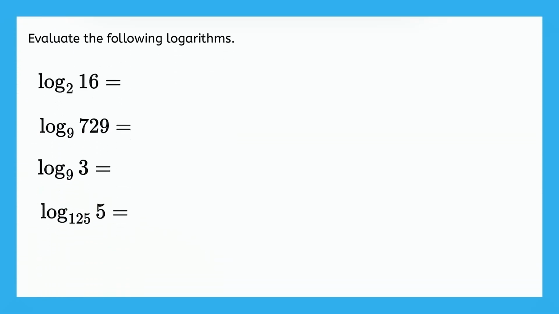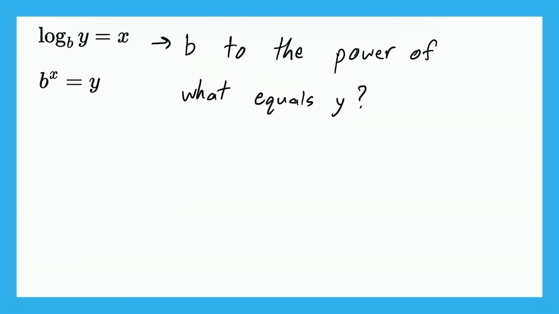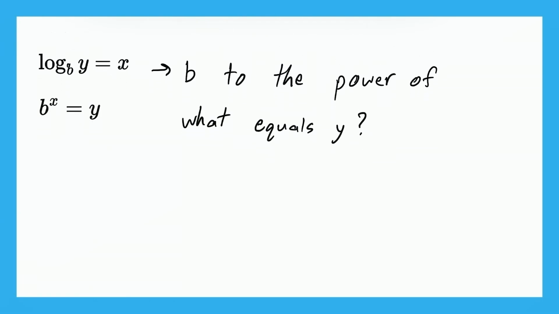So we need to evaluate the following four logarithms. Let's say for each of these equals x, so that it looks like what we had above. All right, we'll start with this first one. In our first part of the video, what were we really saying? We were saying that the base b to the power of what is on the right side equals that last part of the logarithm.